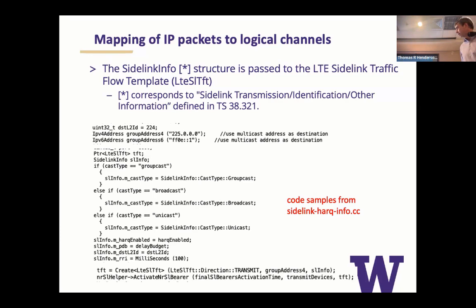It'll set these parameters appropriately and then pass this structure in the code. So if you want to look, the code samples from sidelink harq info, or sidelink harq example.cc can be perused for more information here.